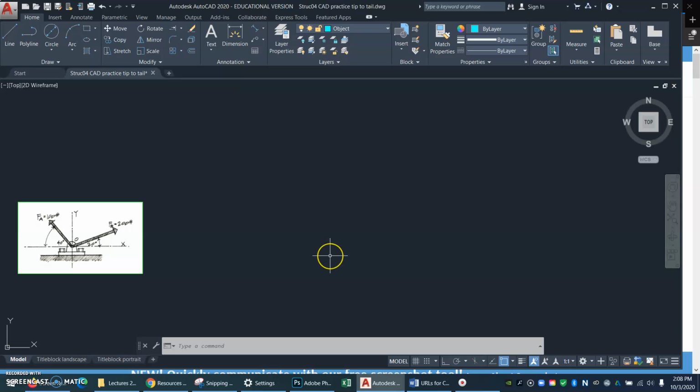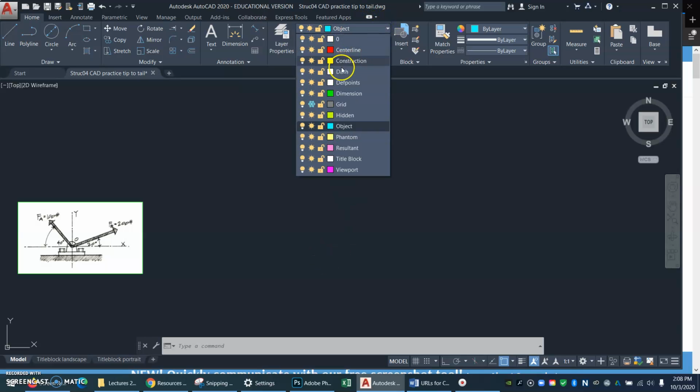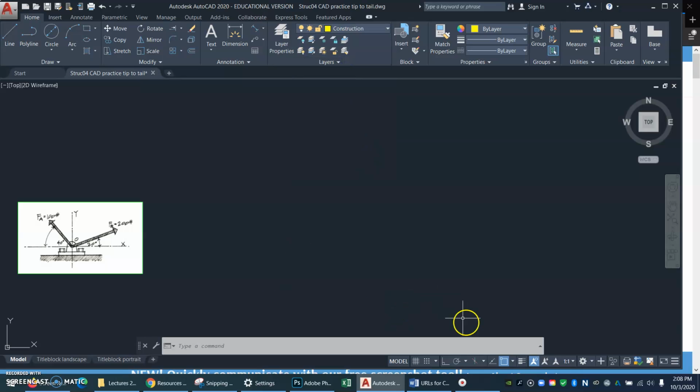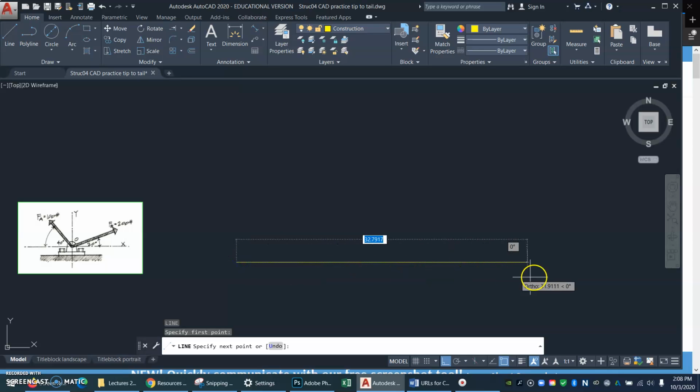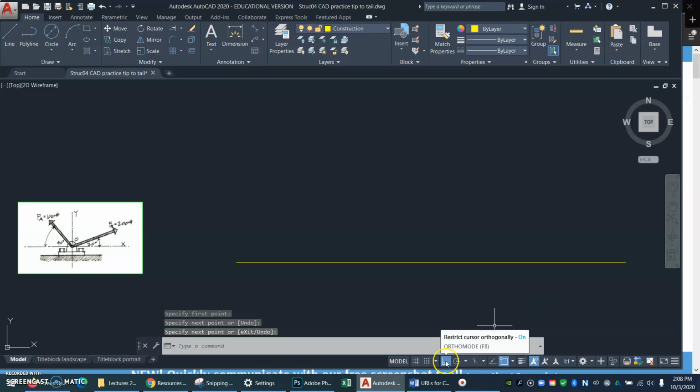Okay, and I'm going to draw a line, just a nice horizontal line. To get a nice horizontal line, I like to turn ortho on. That's right down here. I think that's handy for making a line fast. Okay, now I'll turn ortho back off. Ortho just restricts you to horizontal or vertical.